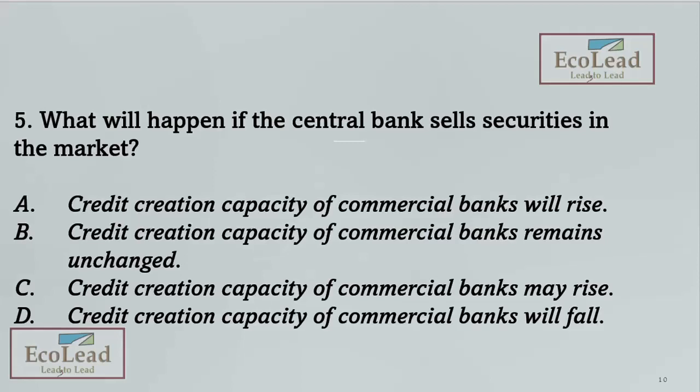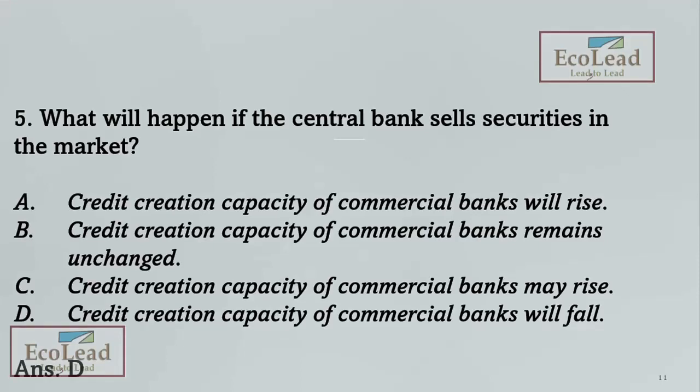Option D, credit creation capacity of commercial banks will fall. Here I will pause for a few seconds. Think about the answer. We already discussed another question which is quite related to this question number 5.